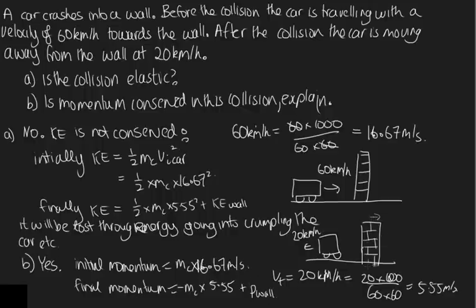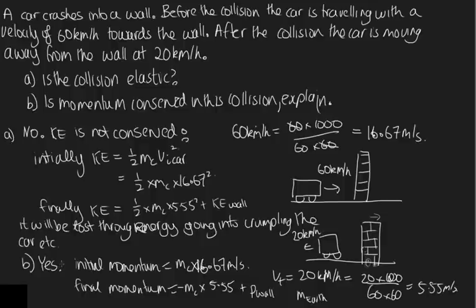The wall is connected to the earth here, so the wall and the earth do move backwards a very little bit when the car hits it. However, because the mass of the earth is very, very, very large, the velocity is very, very, very small, and so you don't actually observe this movement.